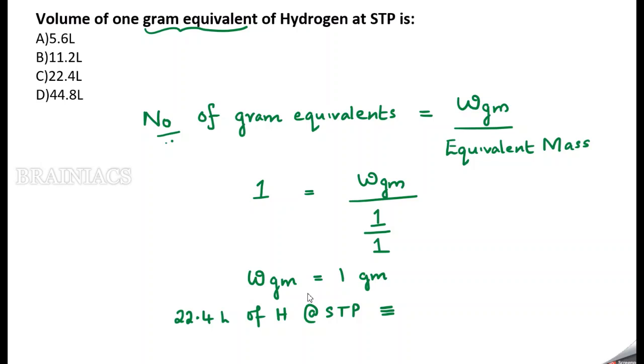Correct. So I can say that is equal to 2 gram at STP. Since it is a gas, we are talking about molecule, so that's why 2 gram is coming into the picture.